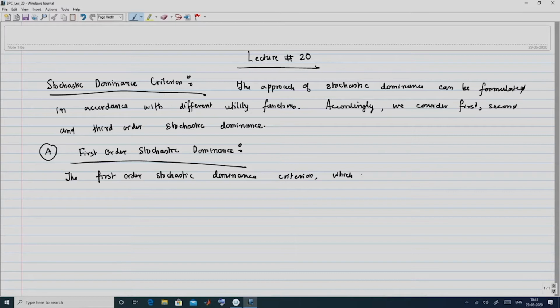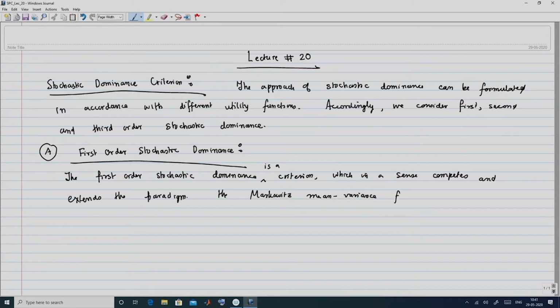So, we observe that which in a sense competes and extends the paradigm of the Markowitz mean variance framework.